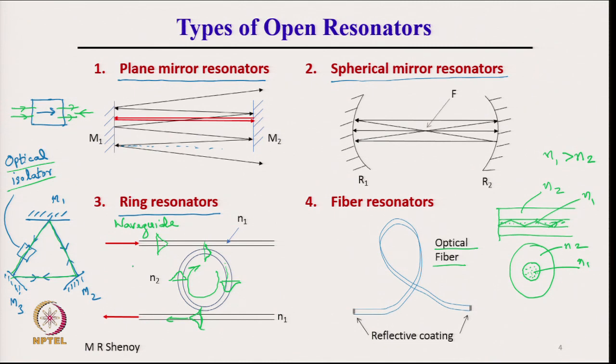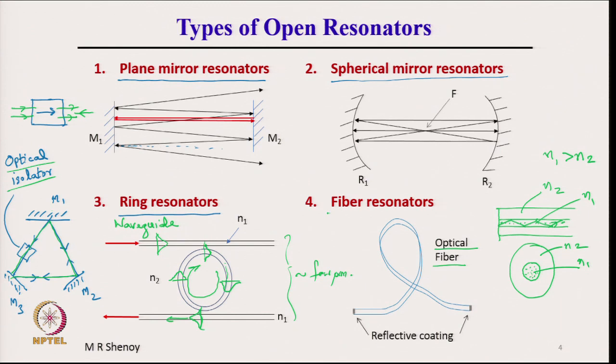This is in a planar structure on a substrate, on a silicon substrate. You can realize such ring resonators of very small dimensions. The whole dimension could be of the order of a few micrometers. So, really micro resonators can be realized, but in a bulk form you could also form such ring resonators using 3 mirrors.